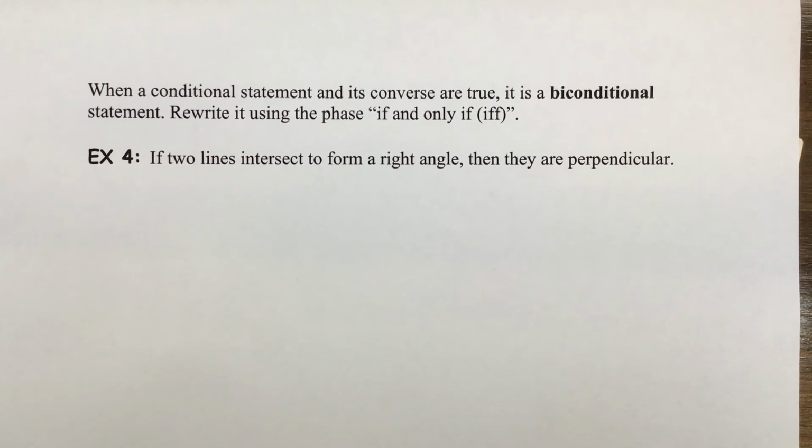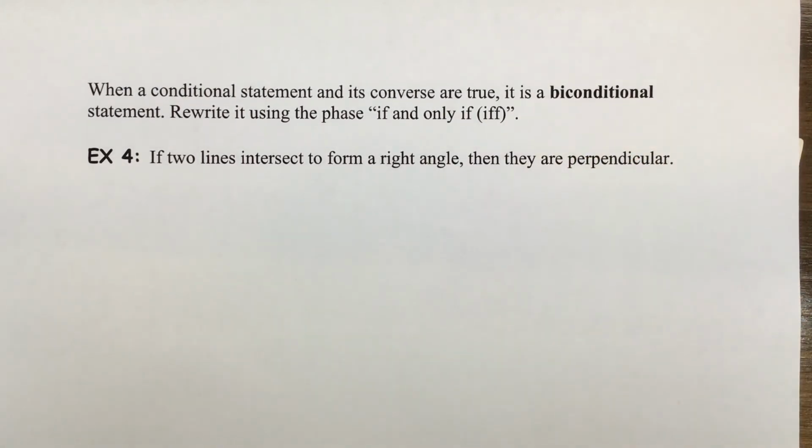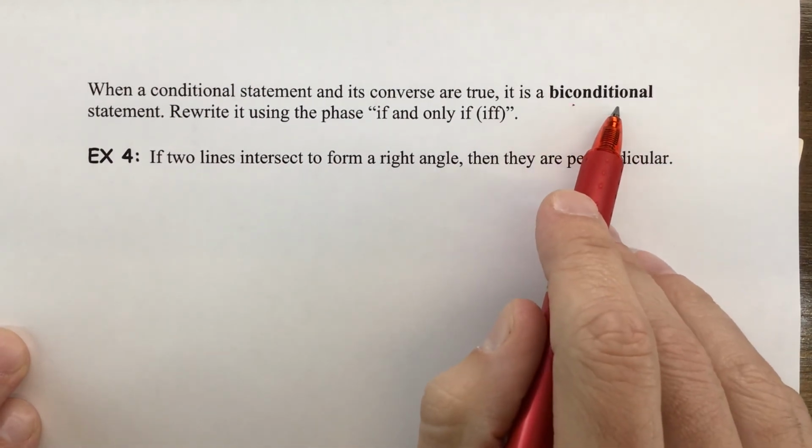All right, we got one last thing here, which is biconditional statements. Looking at the related conditionals, that last little conversation was about whether or not those conditionals can be true or false. Well, if you do run across a case where the converse and the original statement are both true, you can actually rewrite that as a biconditional statement.